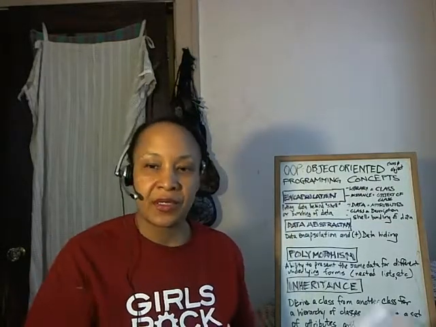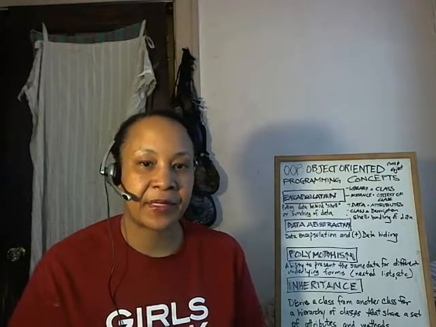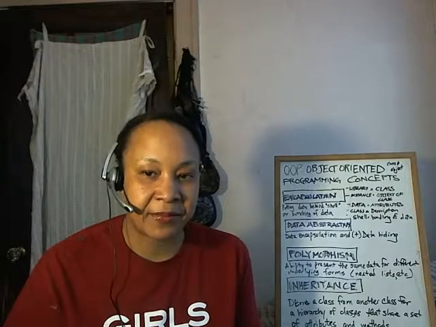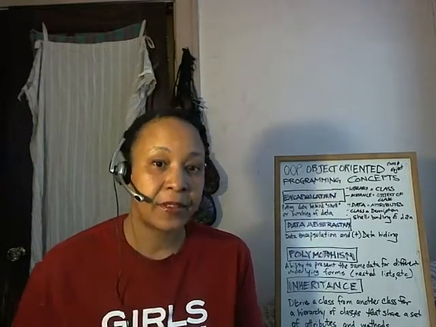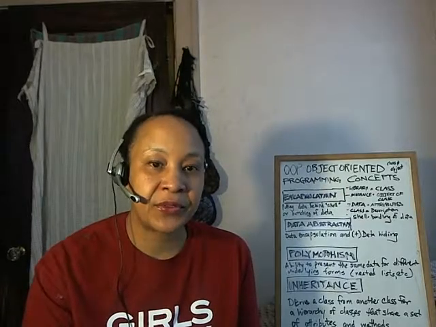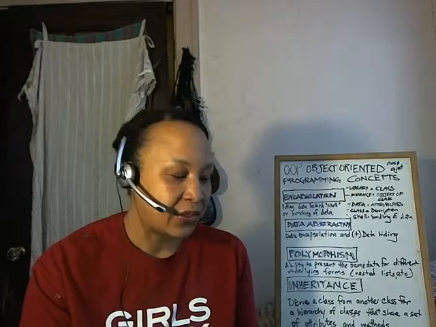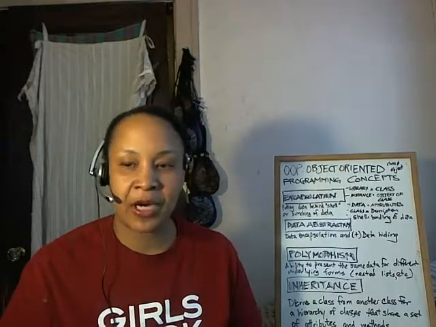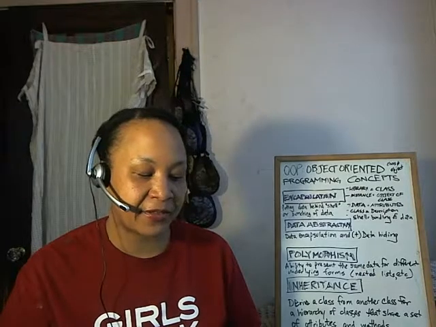So object-oriented programming describes abstract characteristics of real-life objects. When we're talking about objects, we can talk about a class as a type of object, an object type.